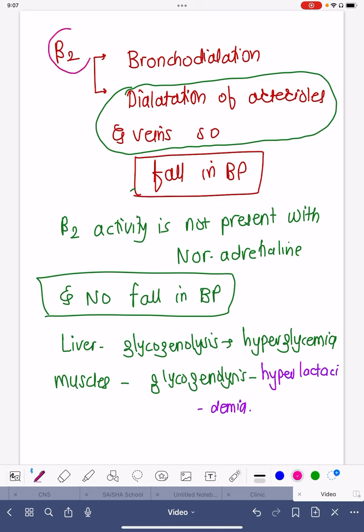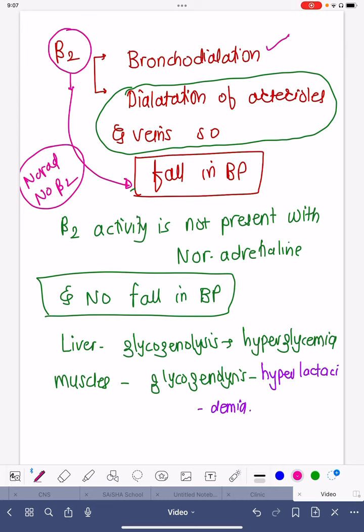We know this beta 2 activity. Beta 2 receptors are present on bronchi, it causes bronchodilation, as well as they cause dilation of these arterioles and veins. That is the reason why beta 2 stimulation causes hypotension or fall in blood pressure. So, NORAD has no beta 2 activity. That is the reason why there is no fall in BP.